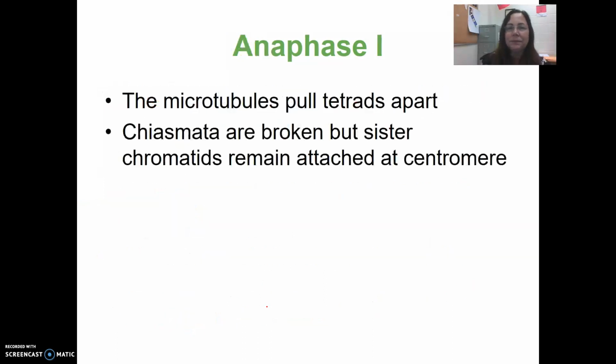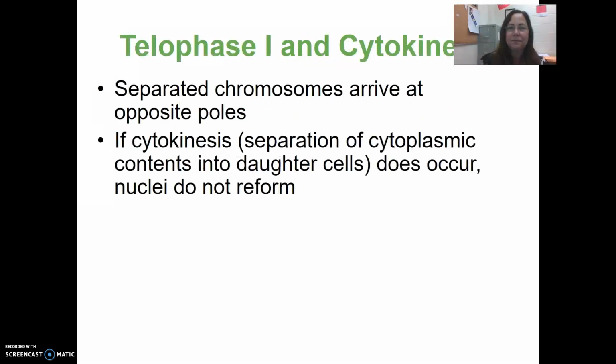In anaphase one, instead of the sister chromatids pulling apart, the microtubules pull the tetrads apart, or you could say the homologous pairs apart. And then in telophase one and cytokinesis, the separated chromosome pairs arrive at opposite poles.